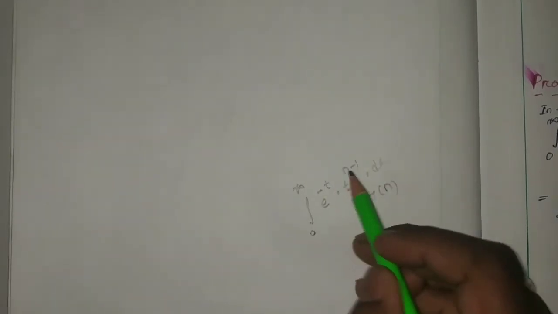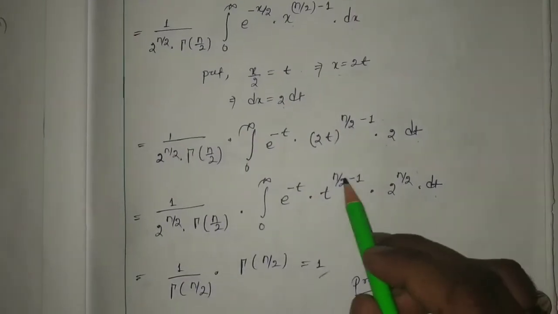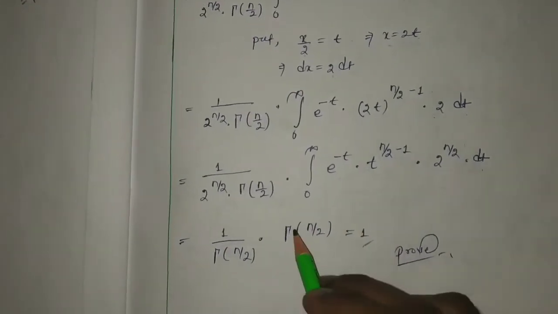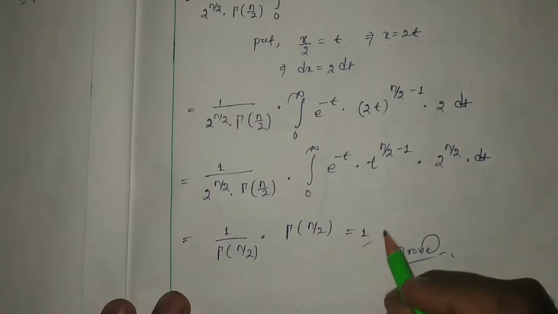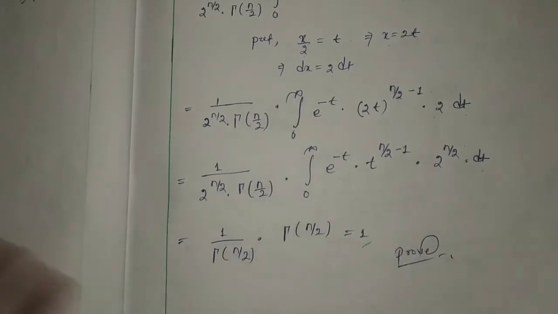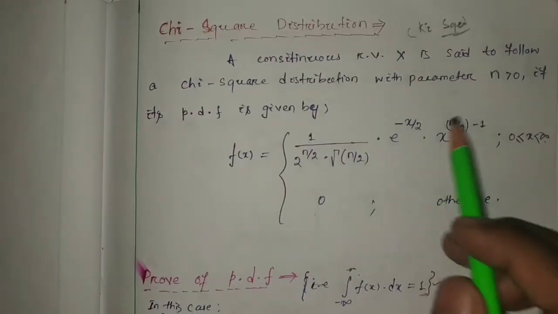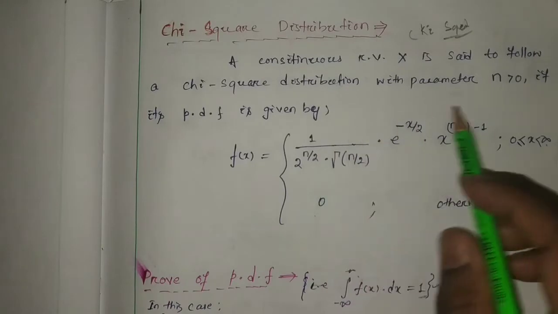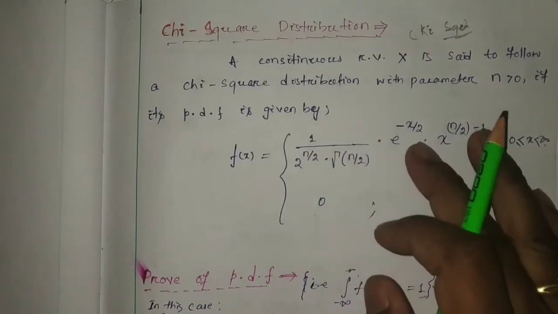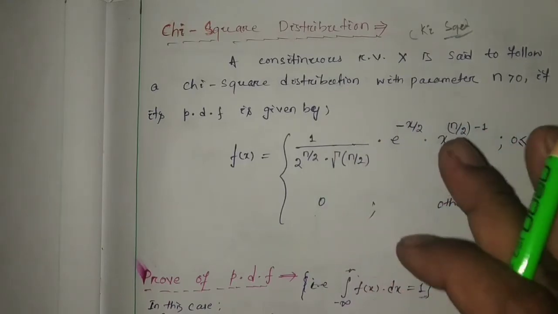Here, instead of n, we have n by 2, so obviously it will be gamma n by 2. So gamma n by 2 gets cancelled, and we get 1, which proves that this PDF belongs to the chi-square distribution, and the probability density function we took is accepted.